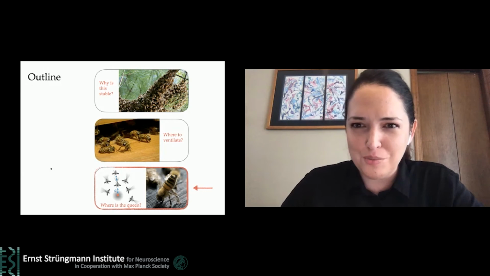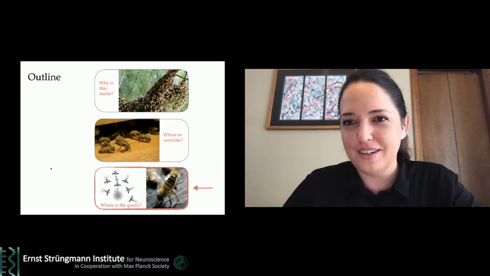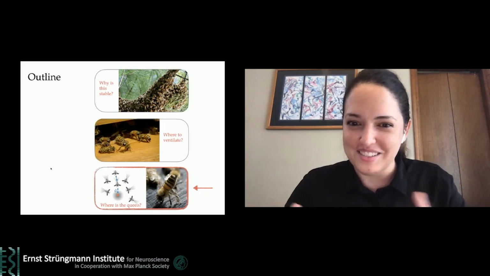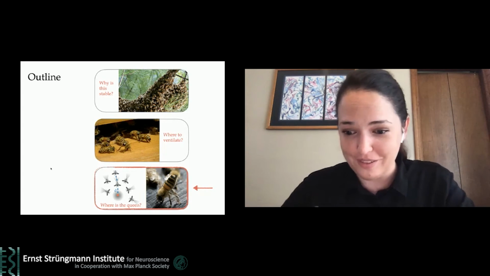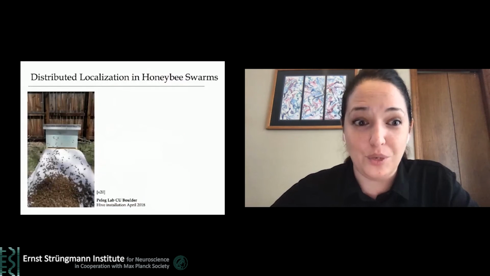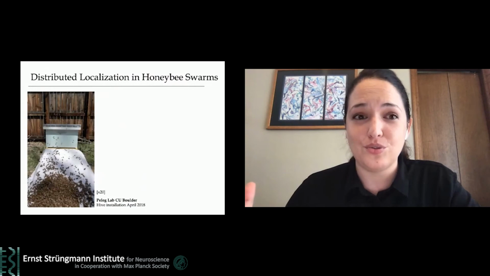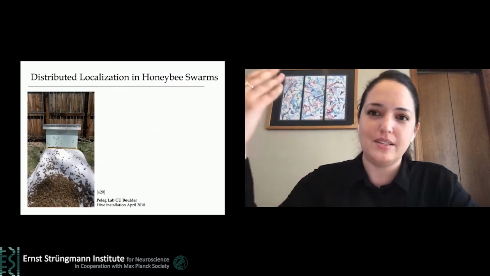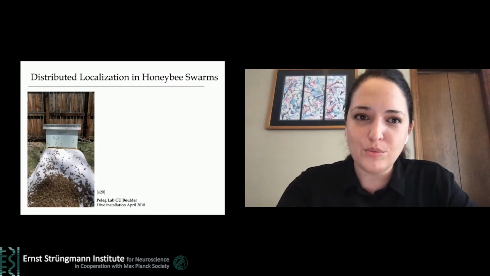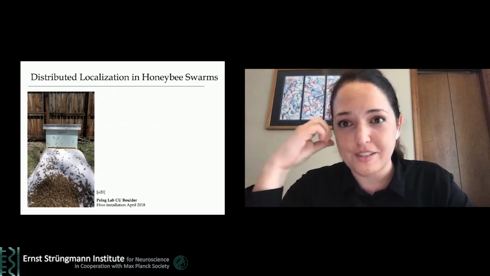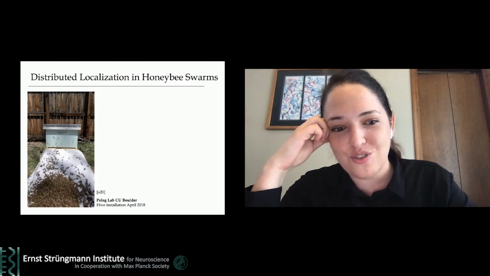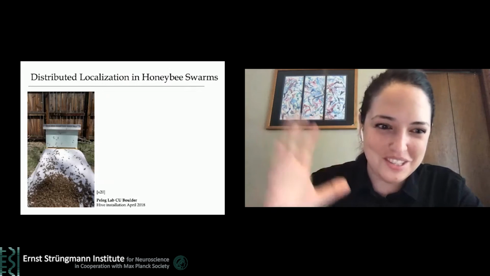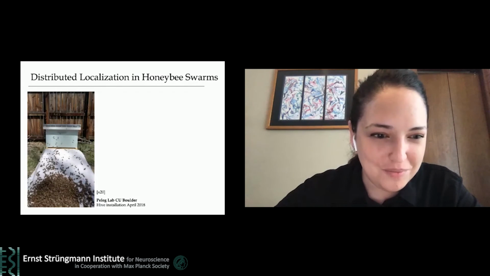And the question is, how do the bees find a way to these aggregate and dense environments in the first place? We know that bees use pheromones, chemical communication, to identify the queen. But these pheromones, of course, decay very rapidly in time and space. So keep this in mind when I play the next movie.